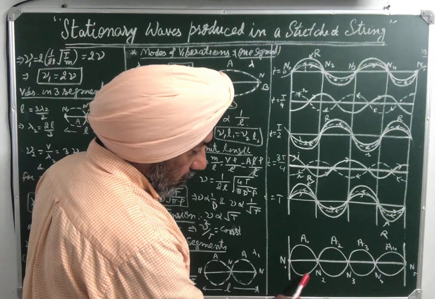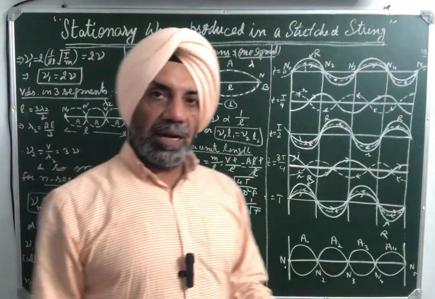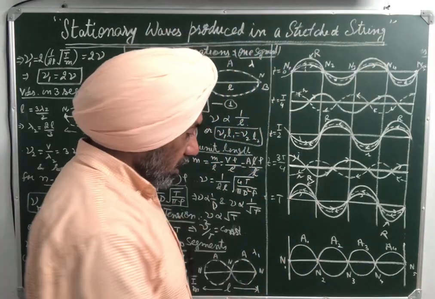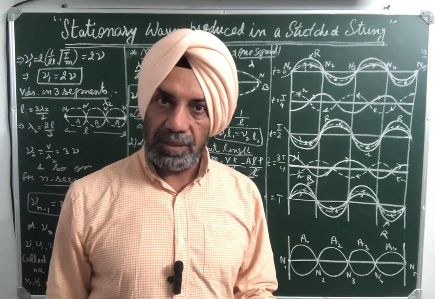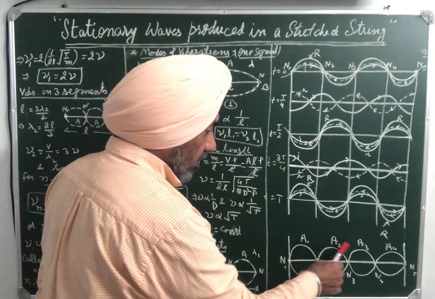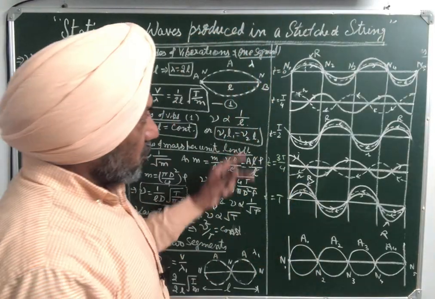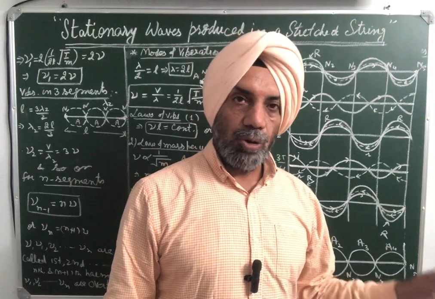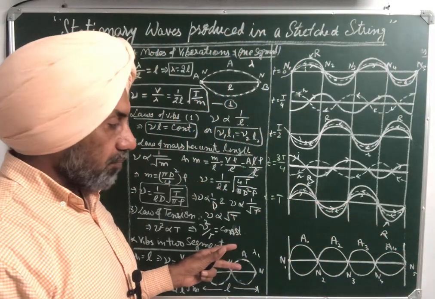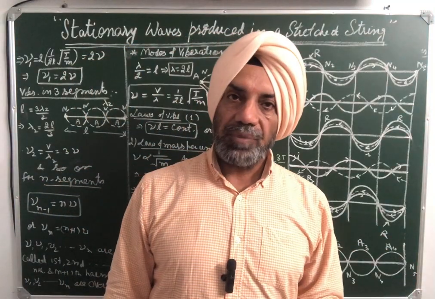These points N1 and N5, fixed points, are always nodes. N1, N2, N3, N4, N5 are called nodes, whereas A1, A2, A3, A4 are called antinodes. So stationary waves are produced in the form of loops, but no onward motion takes place, and it forms nodes and antinodes.